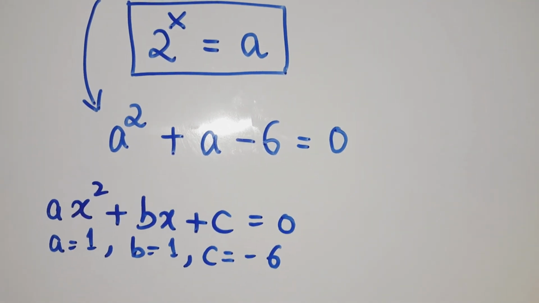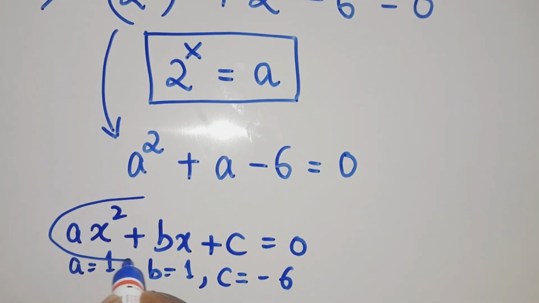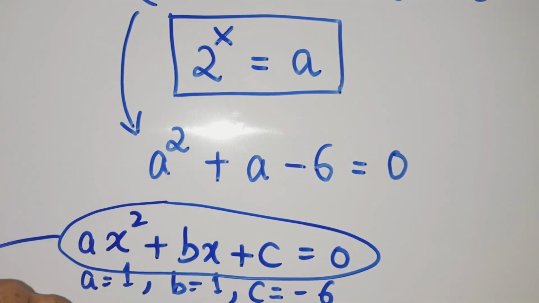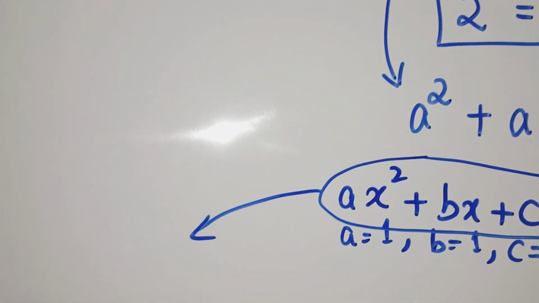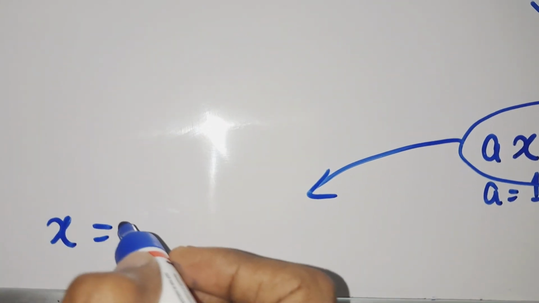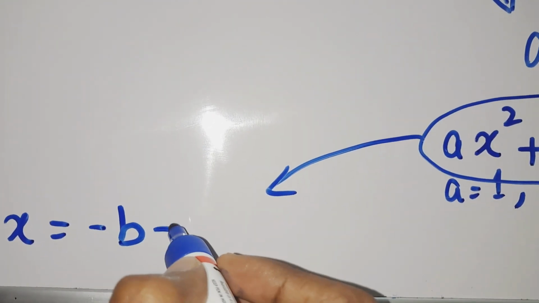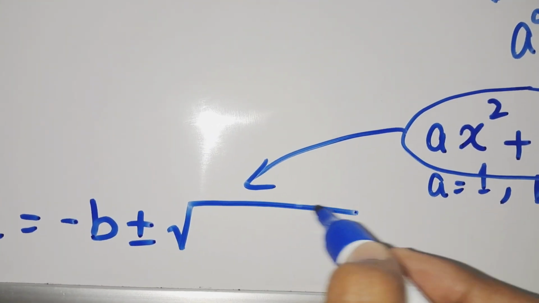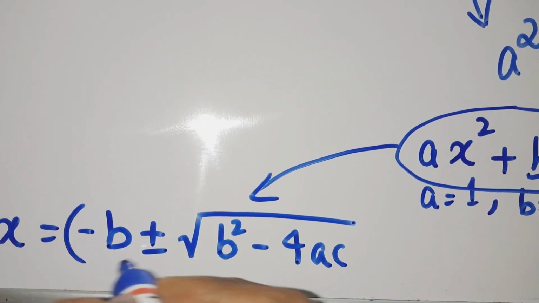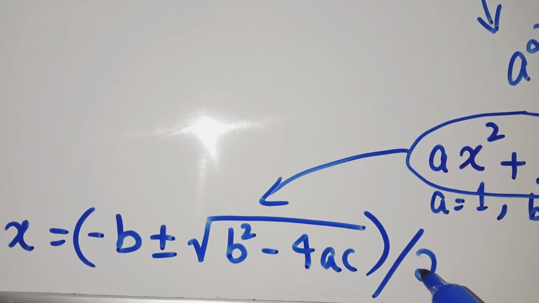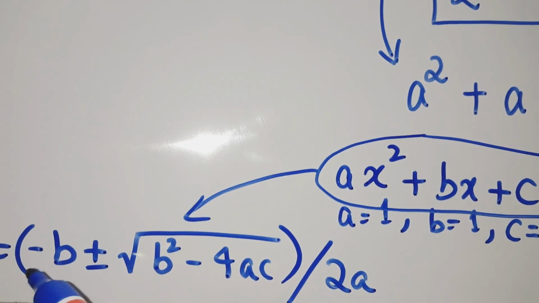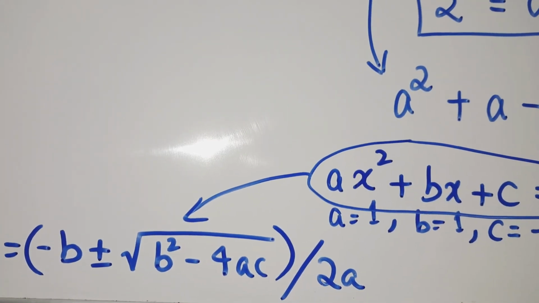So we know how to solve this type of quadratic equation. Its solution is given by x equals to minus b plus or minus square root of b square minus 4ac, whole divided by 2a.